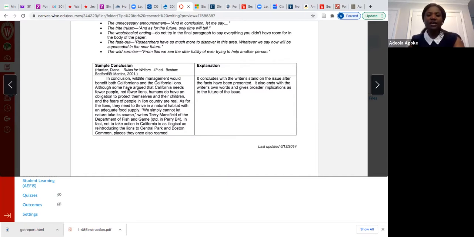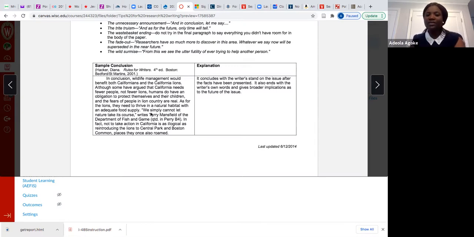So here it says, if you look at the way this person concludes his paper, he talked about wildlife management, its benefits both in California and for Californians and the California lions. And then he went ahead to say, as for the lions, they need to thrive in a natural habitat with an adequate food supply.